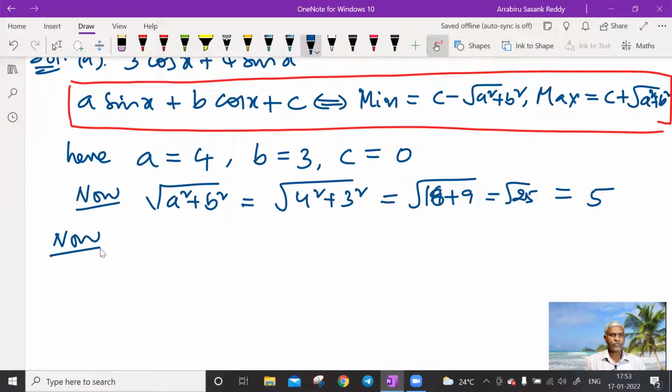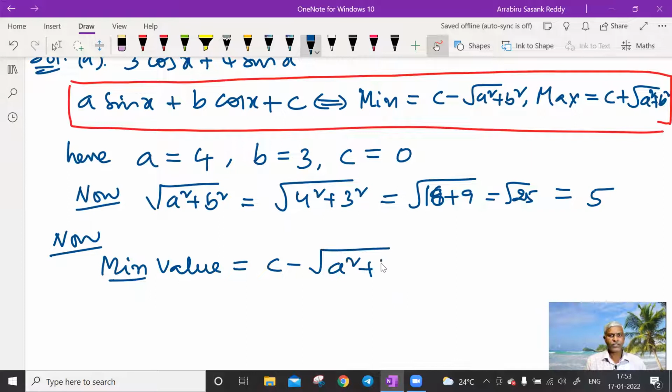So now the minimum value is c minus under root a square plus b square. Here c value is 0 minus under root a square plus b square, which is 5.